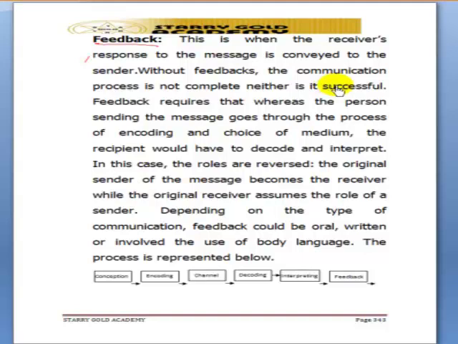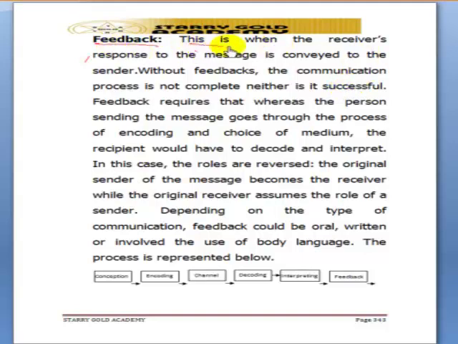Take for example, you are calling someone, and the person is to respond immediately. You have to get your feedback on the spot. But in the process of communication, there is probably a network problem. The line is cracking, and there is a lot of noise, and all these hiccups often encountered in the process of communication, especially when the weather is bad, affecting the instrument used in communicating. That is when the feedback will not come immediately.